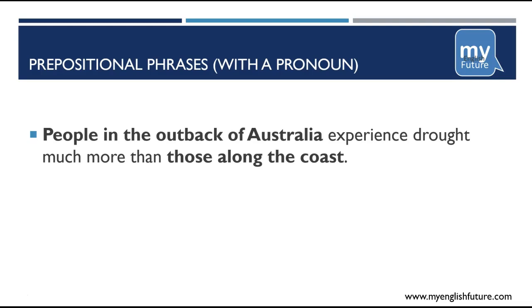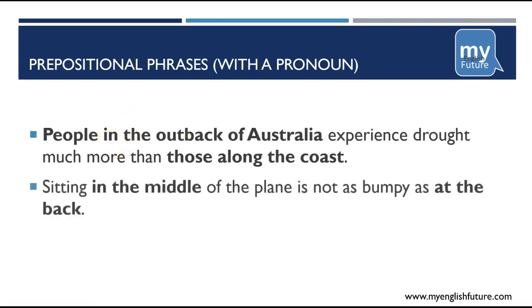People in the outback of Australia experience drought much more than the people who live on the coast, with a relative clause, but that's not the same. So keep it the same with a preposition. Sitting in the middle of the plane is not as bumpy as at the back. Can you see it's the same? In the middle or at the back.